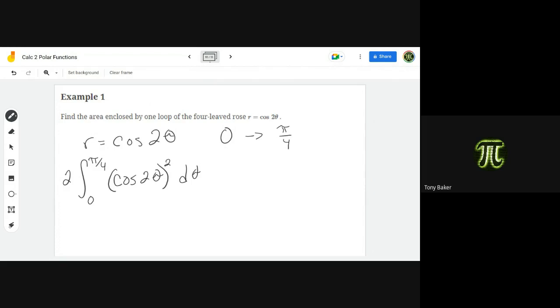So this, actually, I'm going to rewrite this slightly. This is the same thing as saying 2 cosine squared of 2 theta. So those are the same thing. So you're not squaring the 2 theta. You're squaring the cosine.